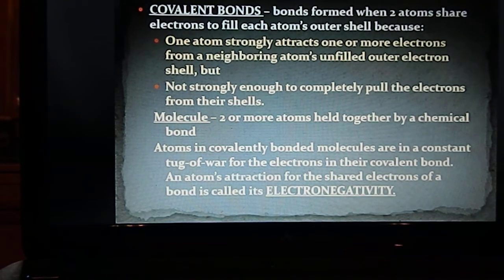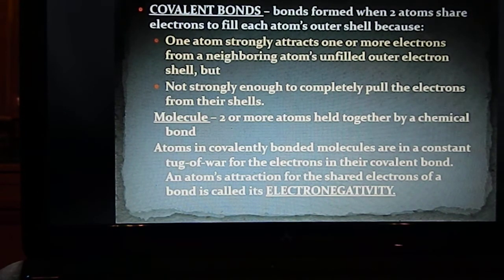And a molecule, we're going to say, is two or more atoms held together by covalent bonds or chemical bonds. We talked about it being a cluster of atoms, but now we're going to talk about it as atoms being held together by chemical bonds. And a lot of the more important molecules in life are covalently bonded molecules, right?